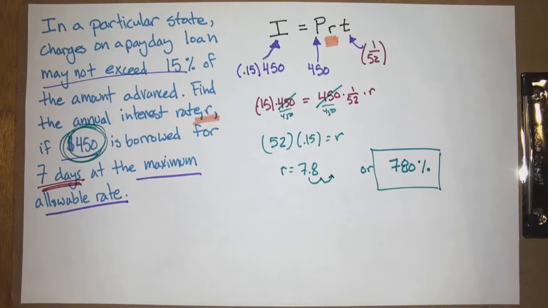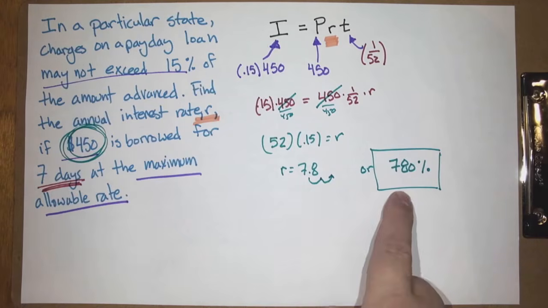Now you might think this is a made-up thing. This is a very real thing. And lots of people use payday loans on a regular basis. Is that a wise financial decision? No. But just because it's not a wise financial decision doesn't mean that they have a choice.